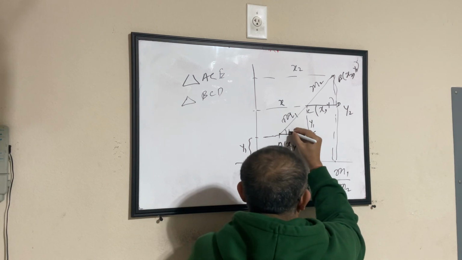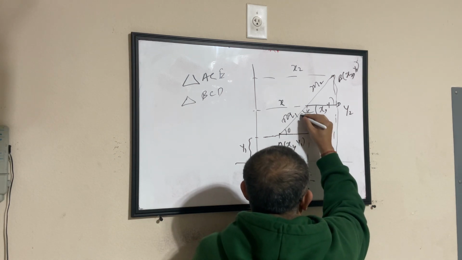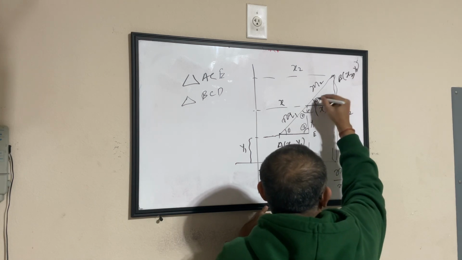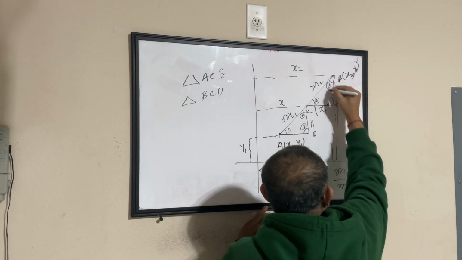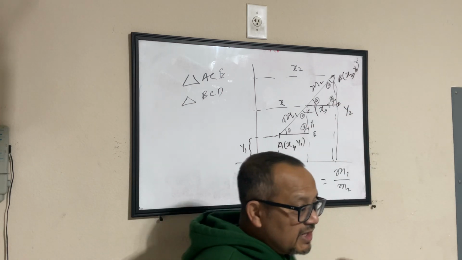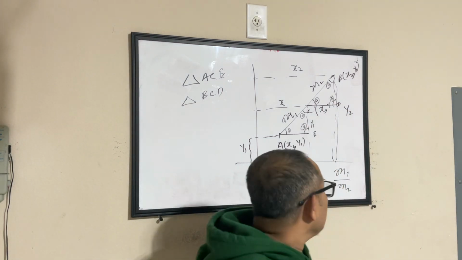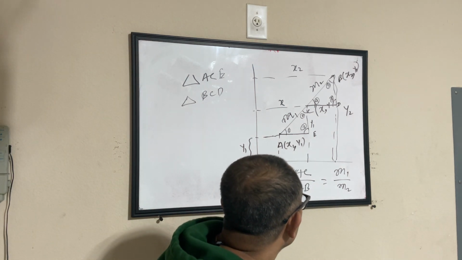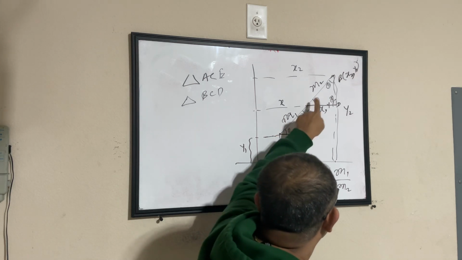Let me say this angle is 1, this angle is 2, this angle is 3, this angle is 4, this one is 5 and this one is 6. Now you tell me, related to the names, which two angles are corresponding angles? This is 1, 2, 3, 4, 5, 6.